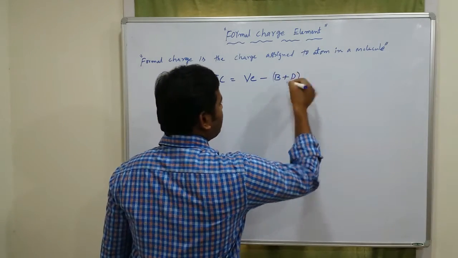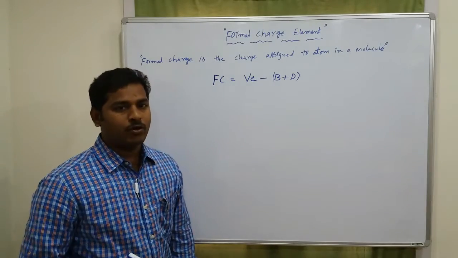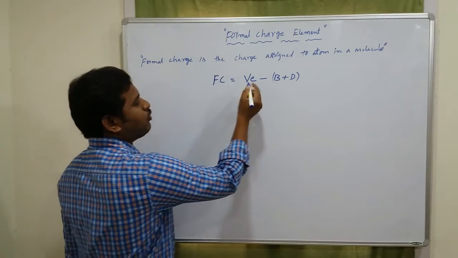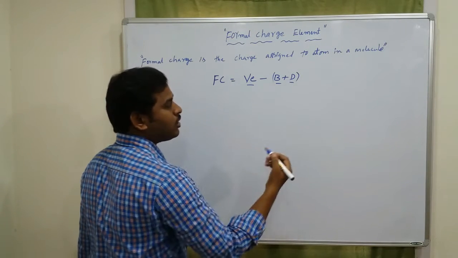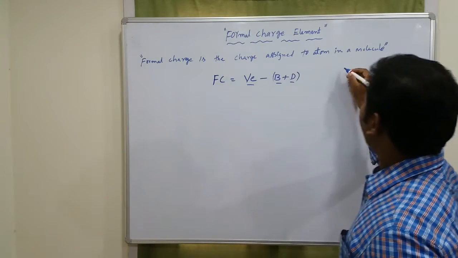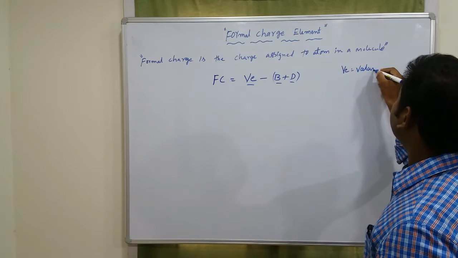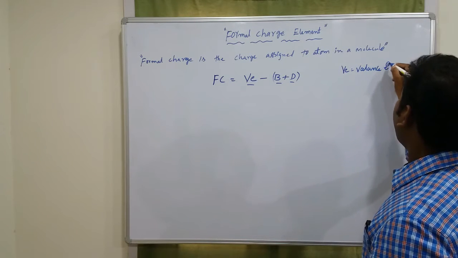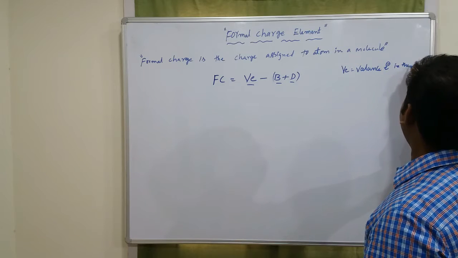This gives the formal charge of a particular atom in the molecule. Here VE stands for valence electrons in the atom.